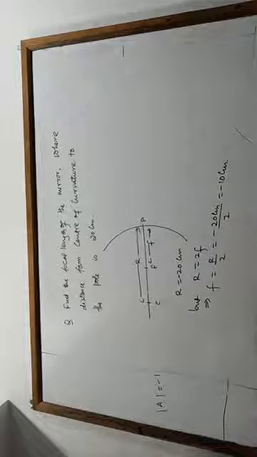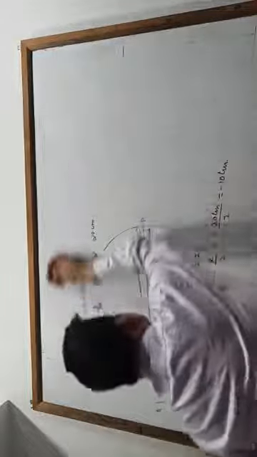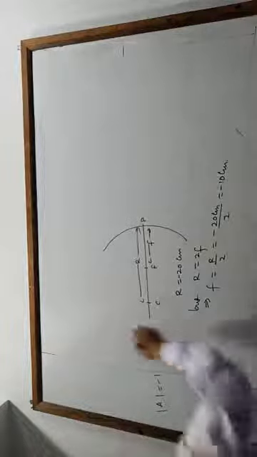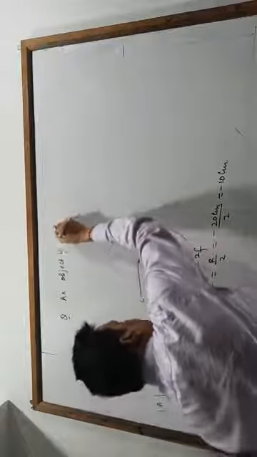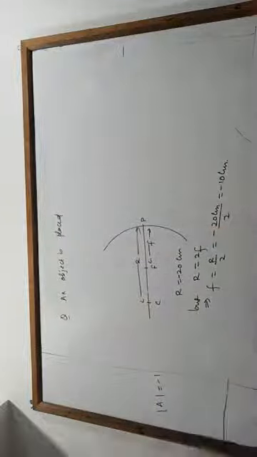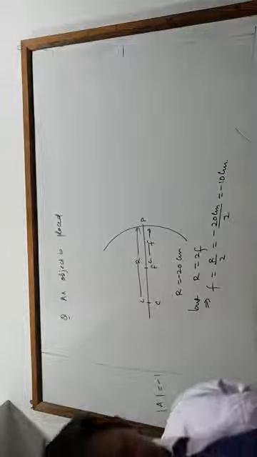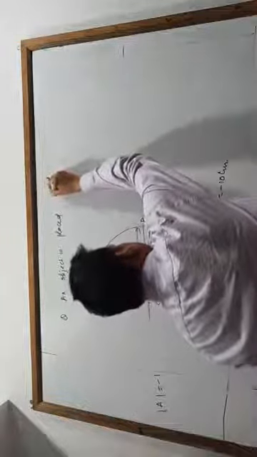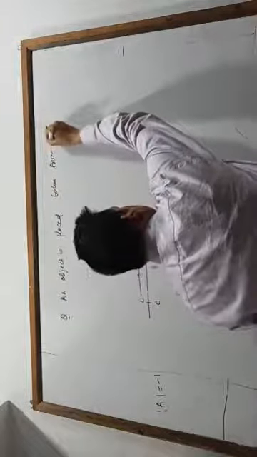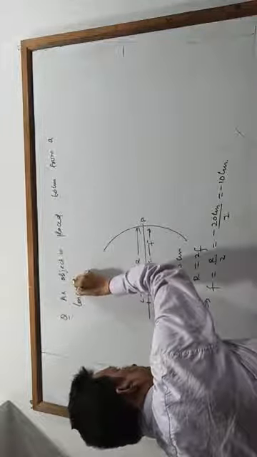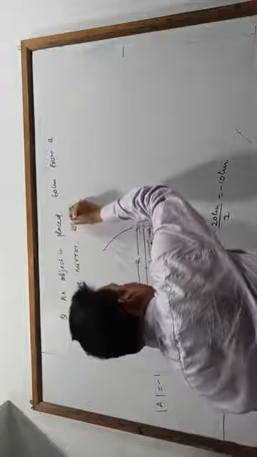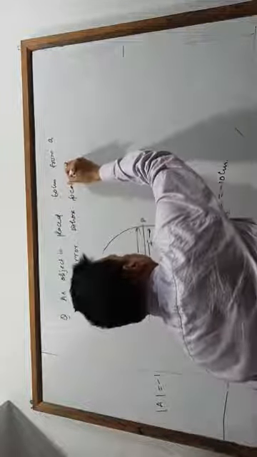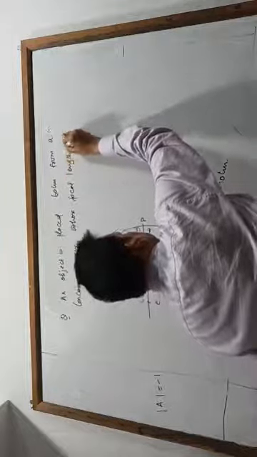Question. An object is placed sixty centimeter from a concave mirror whose focal length is 20 centimeter.